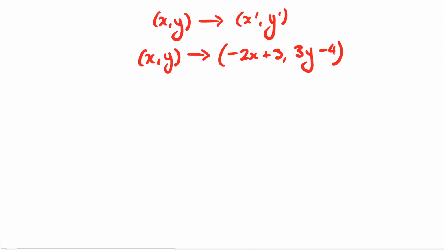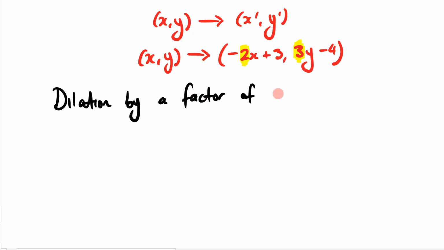So we begin with our dilations. So we've got a 2 here. Actually, before I start with the 2, let's start with the 3. So what is that 3 telling me? The 3 is telling me that I have a dilation by a factor of 3 from the x-axis, and we know that because it's affecting the y, which means it's from the x-axis.